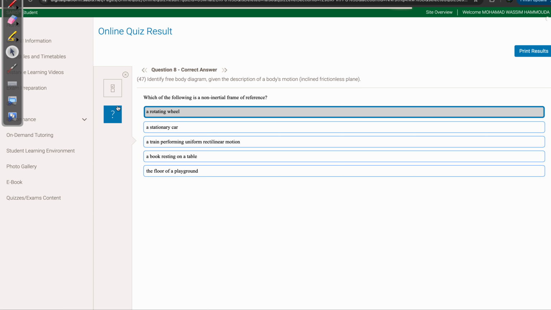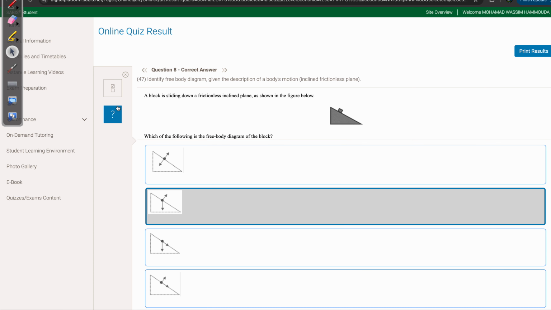Let's keep waiting. Okay. A block is sliding down a frictionless inclined plane as shown in the figure below. Simply, let's change the color. It's not gonna be accurate, but okay. So look, what forces act on it automatically?